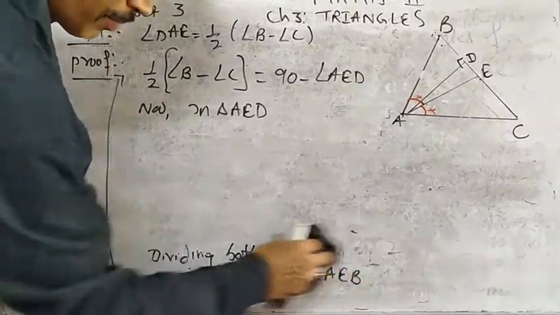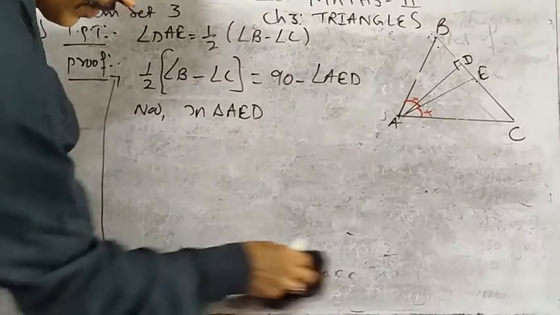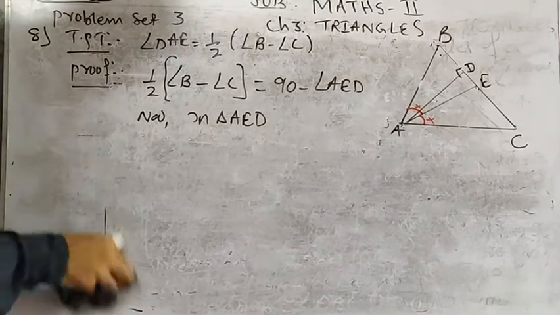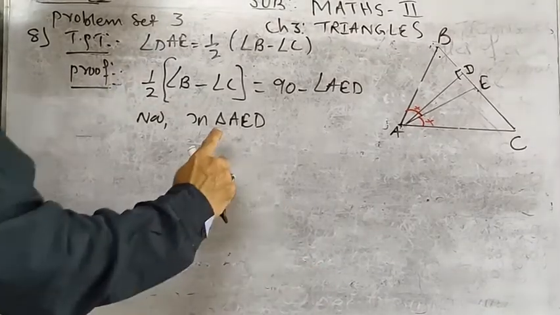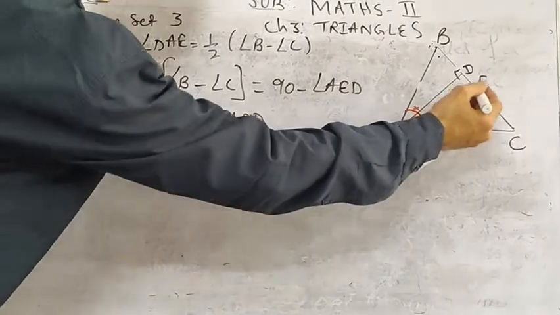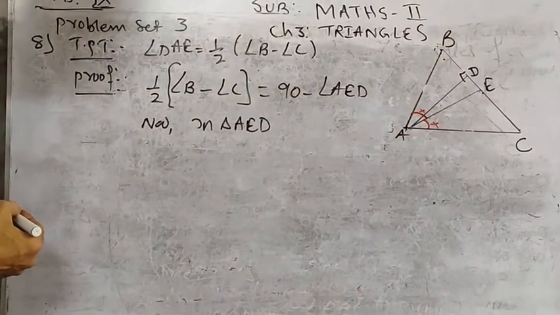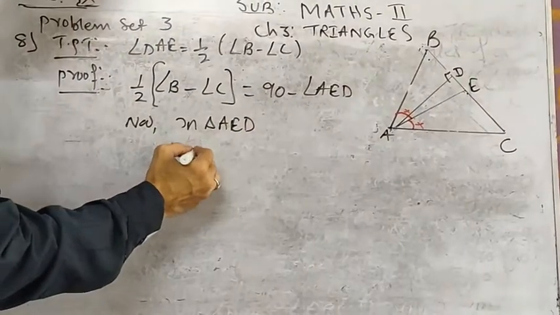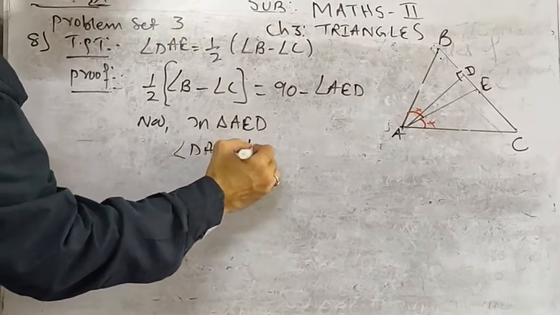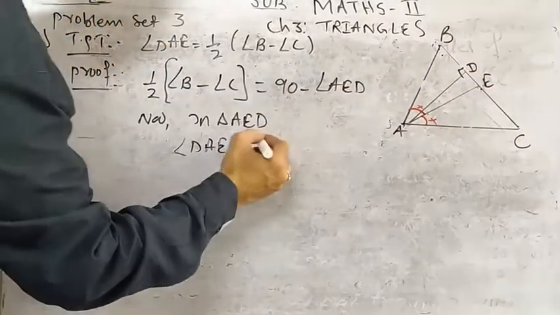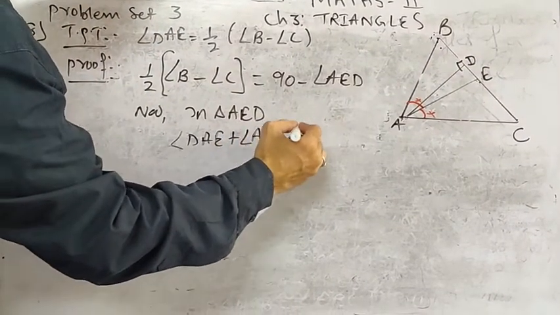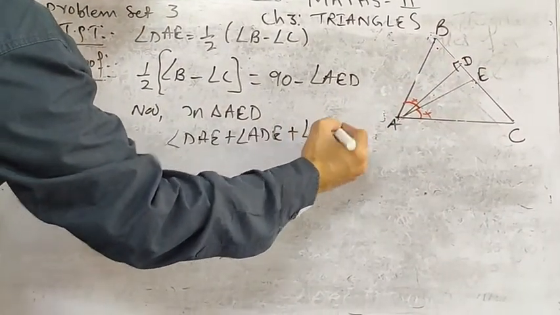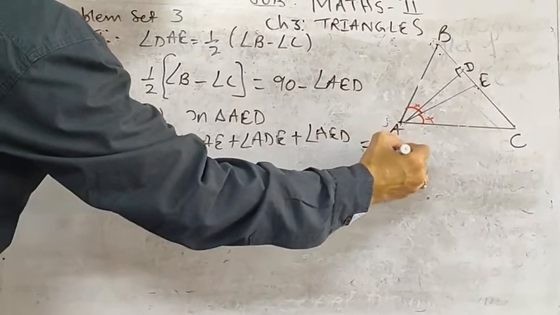Now I will rub it here. Now the last part. You will take triangle AED. Sum of the measures of three angles is 180. Angle DAE plus angle ADE plus angle AED is equal to 180 degree.